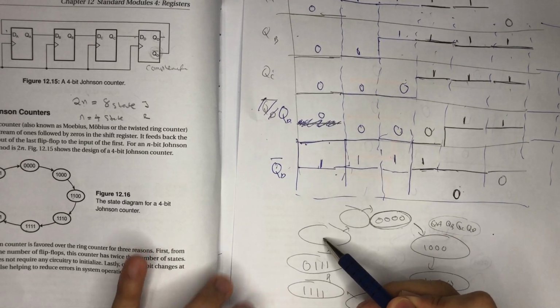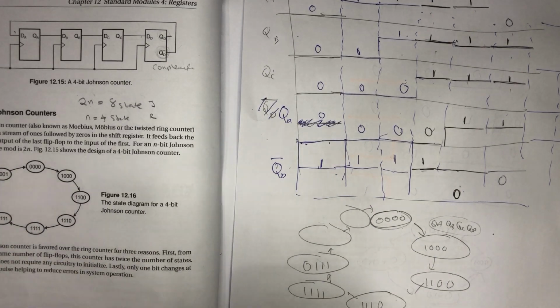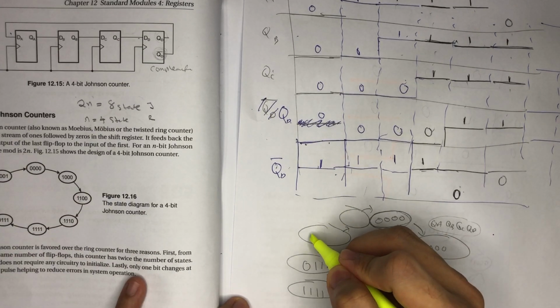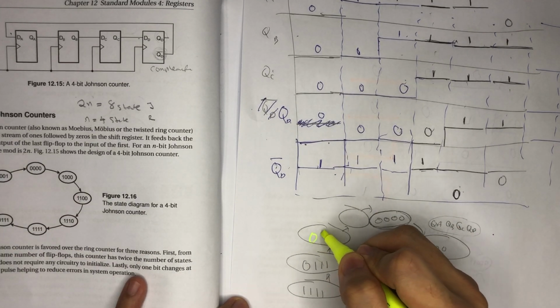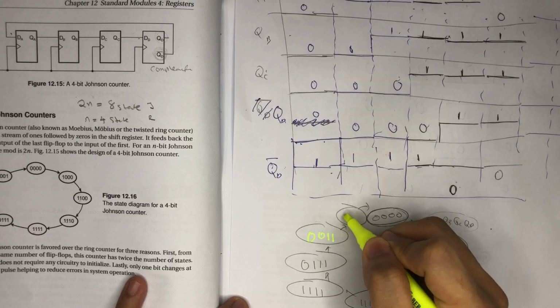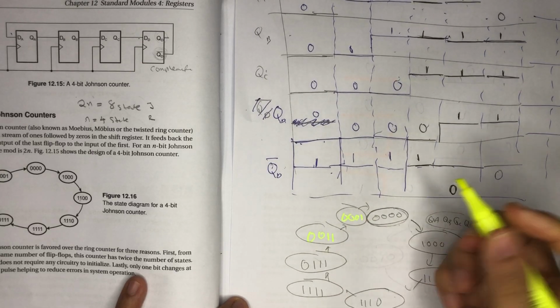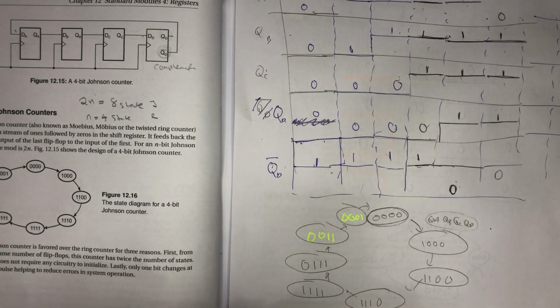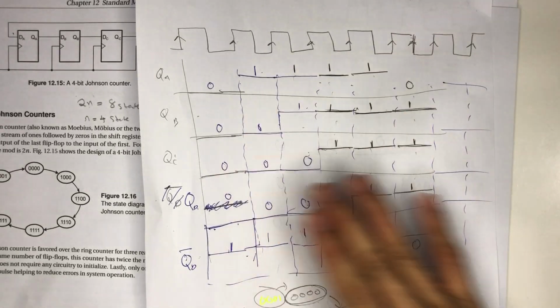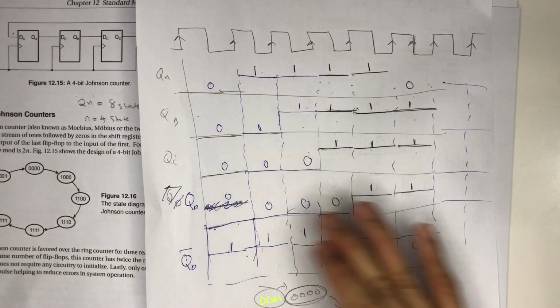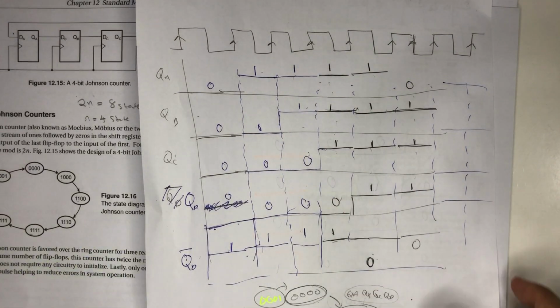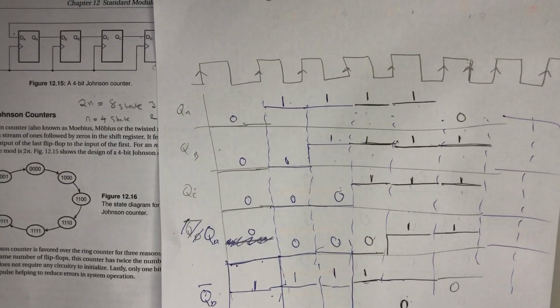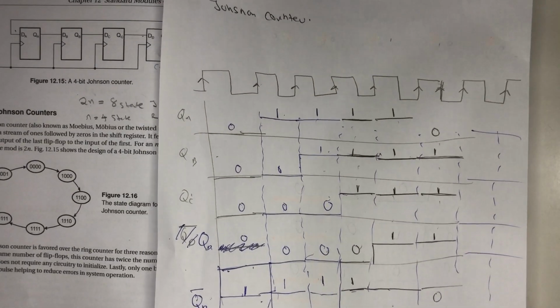You will notice that after that you will get 0 0 1 1 and 0 0 0 1 before resetting to 0 0 0 0. I don't continue because of the limit of the page, but you can see this operation now. I hope you understand the ring counter and the Johnson counter.